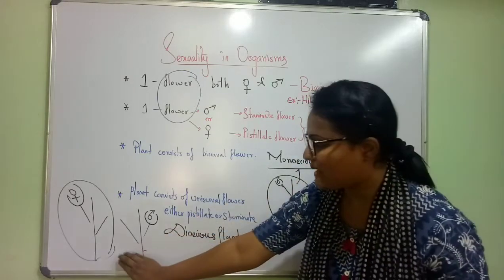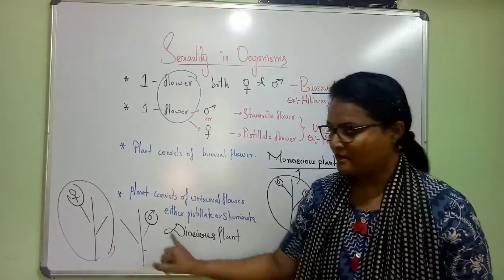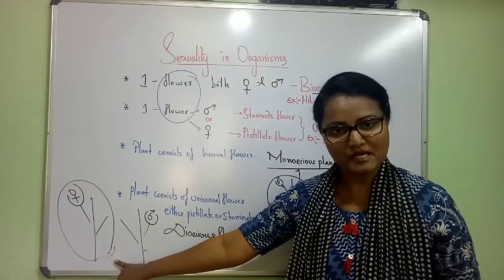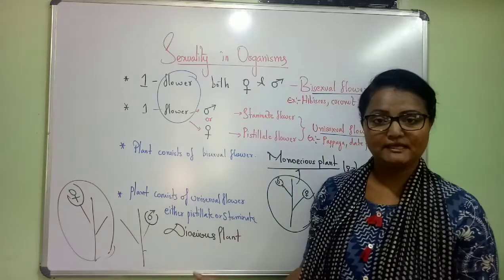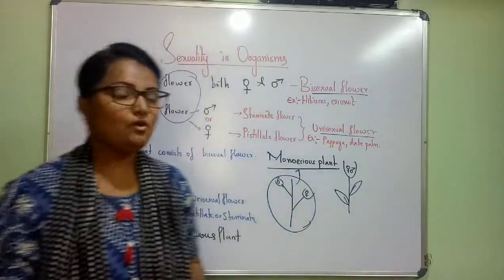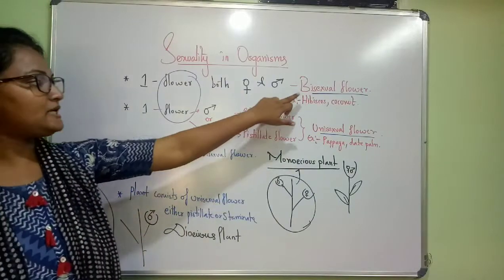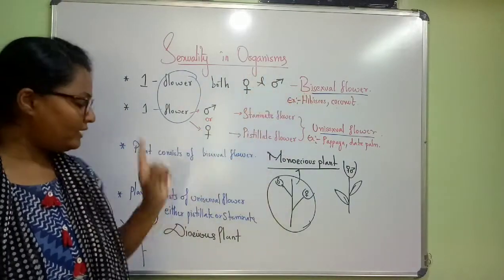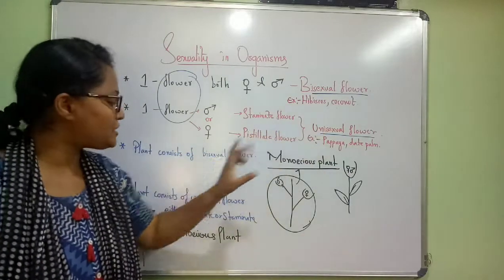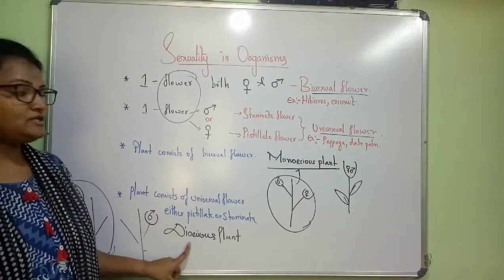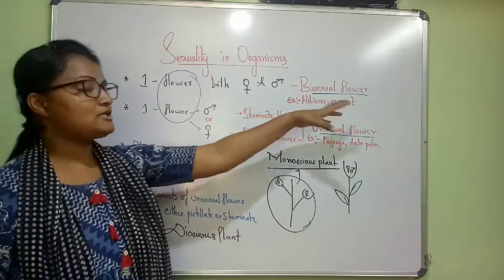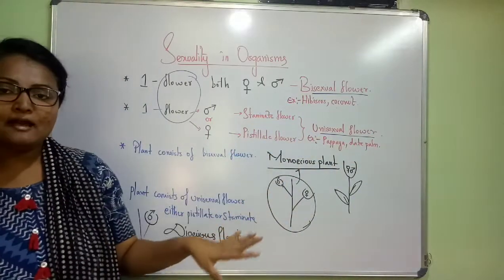But in dioecious plant, one plant has either male or female. Understood? This is the sexuality in plants. So what we can say, bisexual or monoecious, unisexual or dioecious. Unisexual flower, dioecious plant; bisexual flower, monoecious plant.